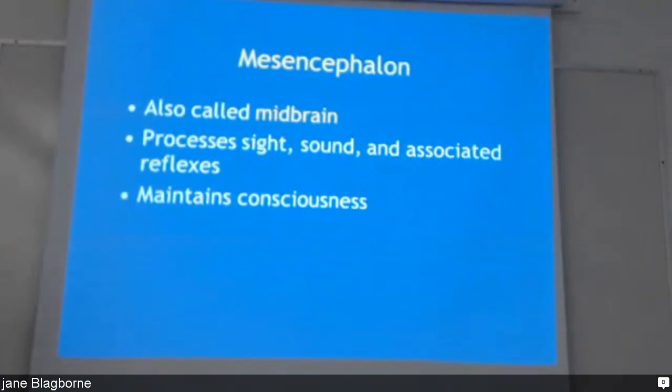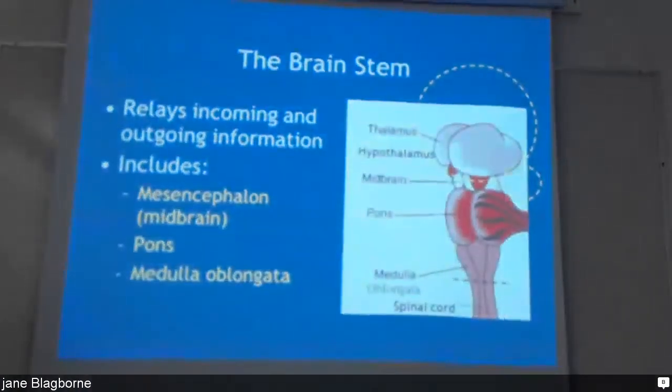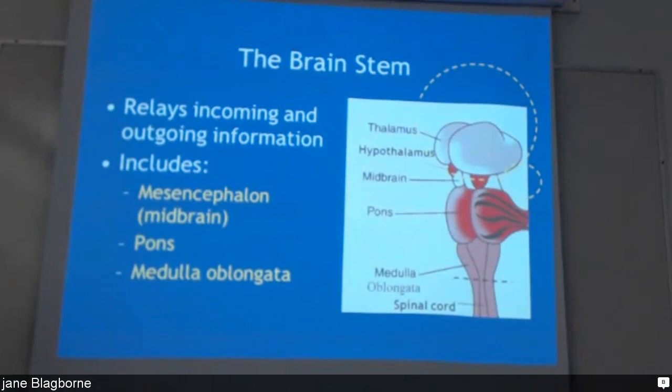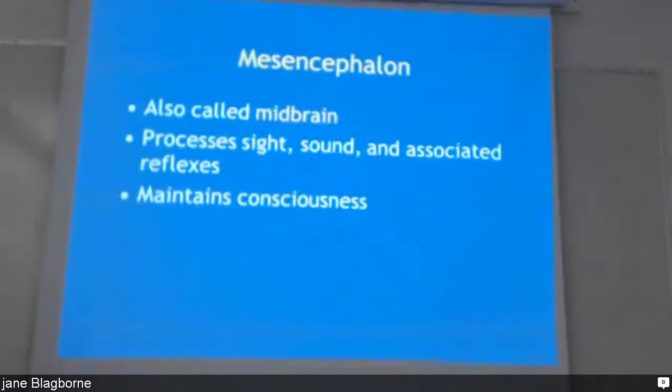The mesencephalon, like I said, it's called the midbrain. Sight, sound associated, and associated reflexes.